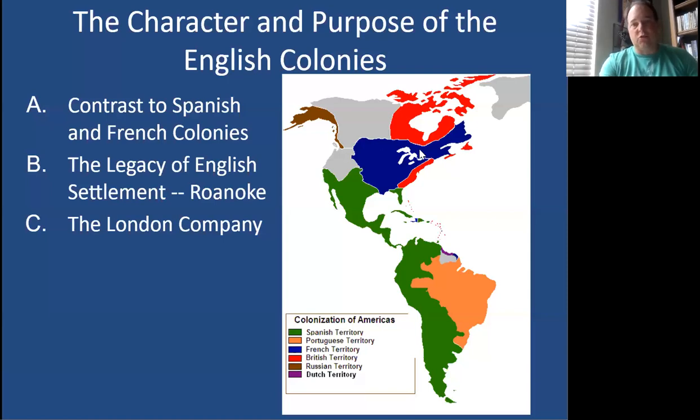So what they're trying to do is just have a trading post in places like Quebec and Montreal, inviting the Indians to come and trade with them. They need good relations with the Indians in order to profit from these trading posts. So the French do bring missionaries as well, but they tended to be more inclined to let the Indians continue many of the religious practices that they had become accustomed to.